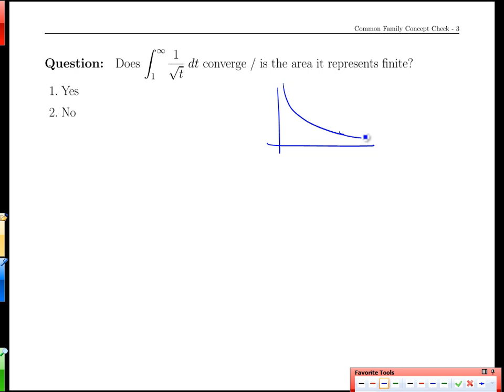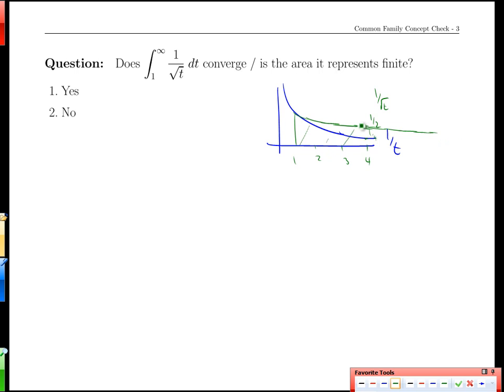We have the 1 over t graph, and then if we think of particular values, 2, 3, and 4, by the time we reach 4, 1 over t is at a quarter, but 1 over root t is only going to be at 1/2. So that graph goes towards 0 more slowly. It takes a more scenic route to get down towards 0 than 1 over t does.